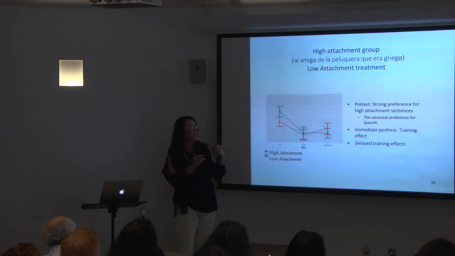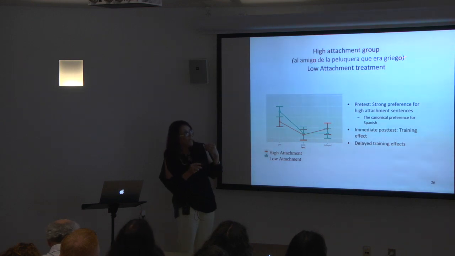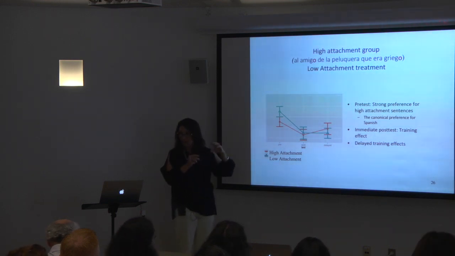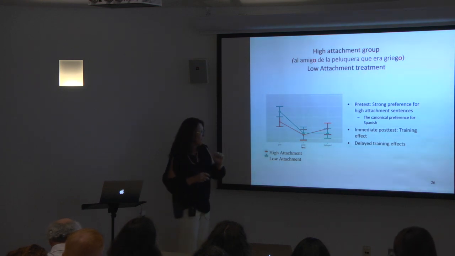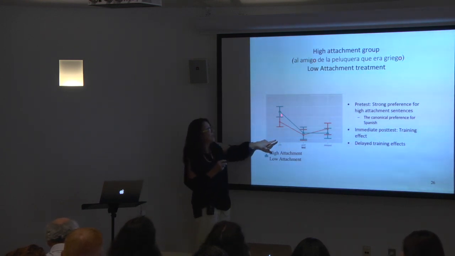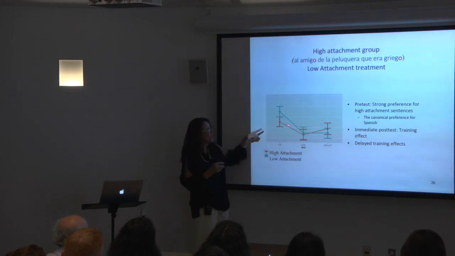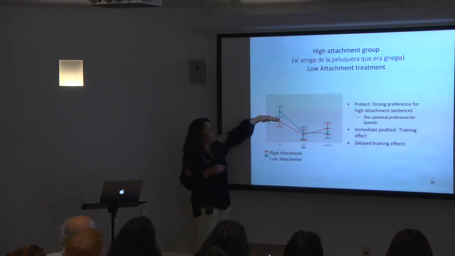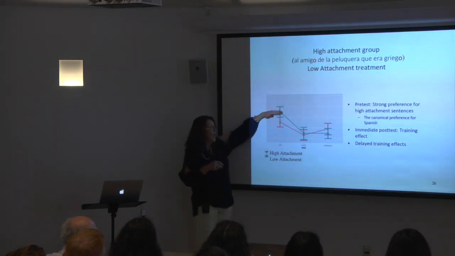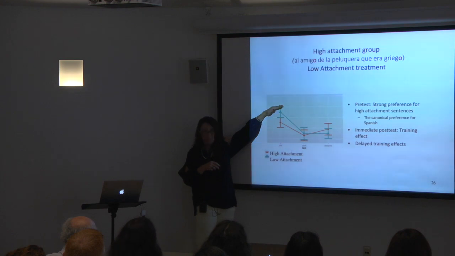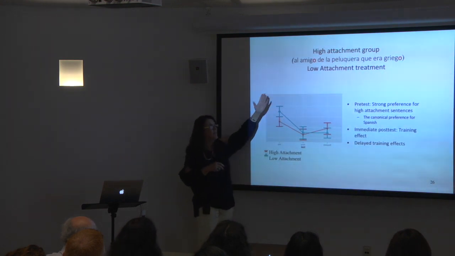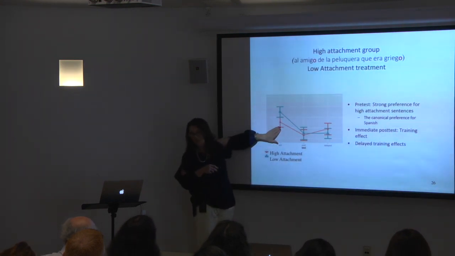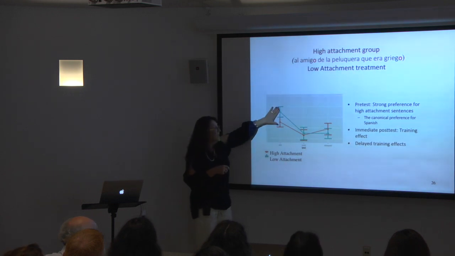And what we want to see is, do they change? So that now griego gets interpreted to be referring to peluquera. And what you see is that at pretest, the high attachment group favor high attachment sentences. So what you see in this graph is that lower is easier, higher is harder, okay? And so at pretest, they were high attachers, and yes, this shows that they were high attachers.